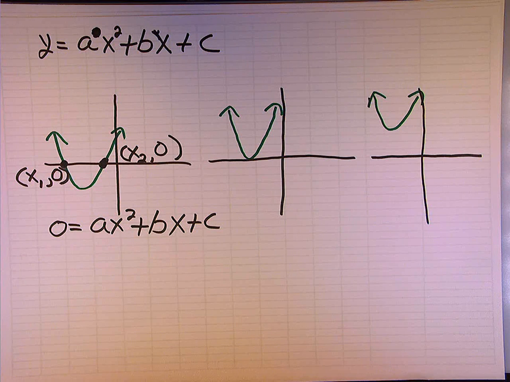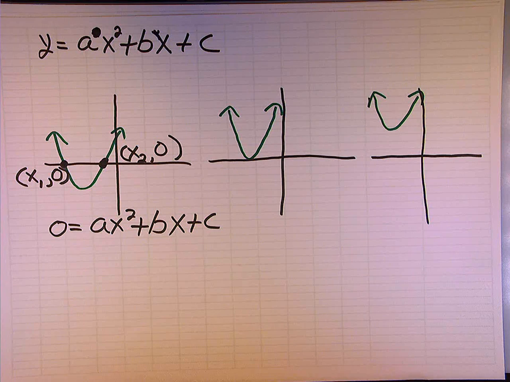I have developed, well, not me personally, but mathematics has developed a technique that allows me to directly find those 2 x values. We call that the quadratic formula, which was developed by completing the square technique.